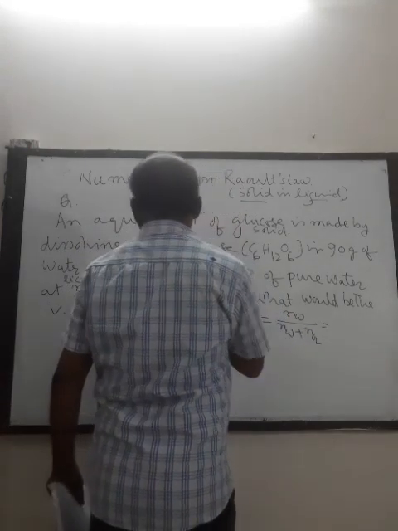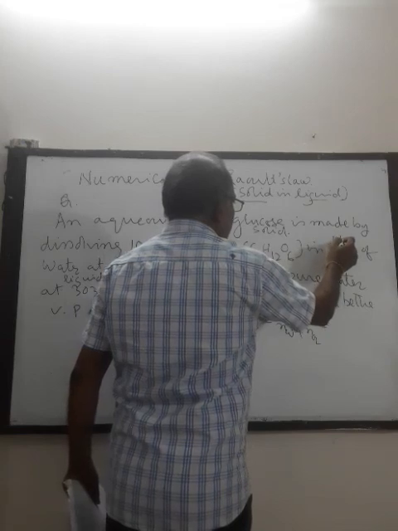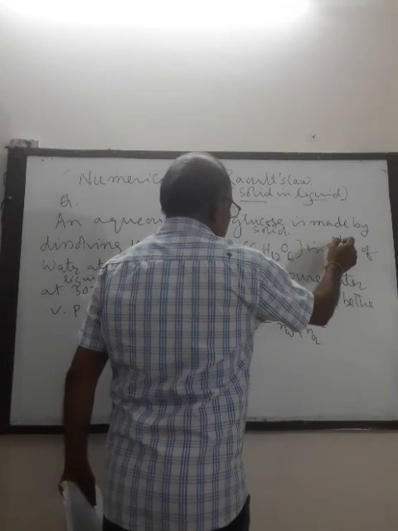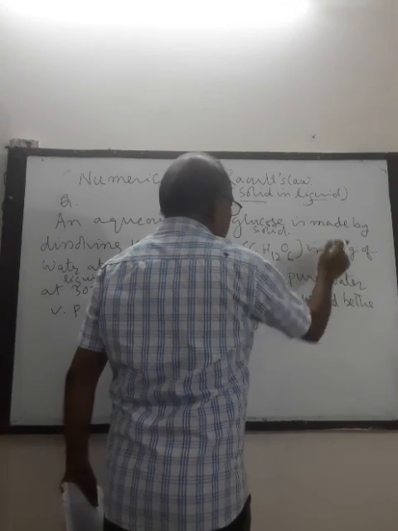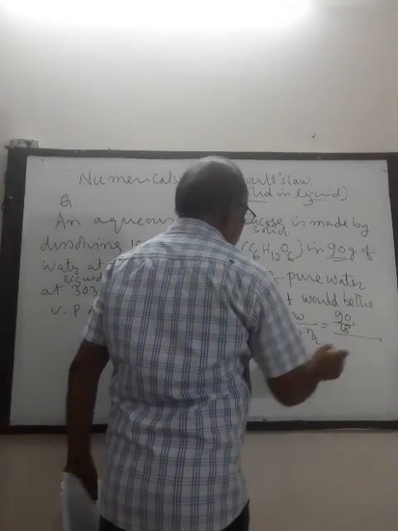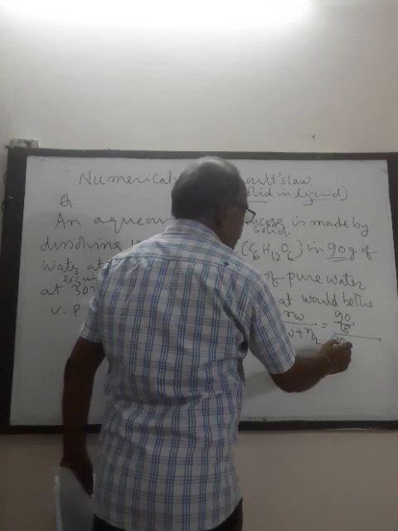Now, what is the number of moles of water? The mass of water is 90 gram, and the molar mass of water is 18. So the number of moles of water is 90 by 18.